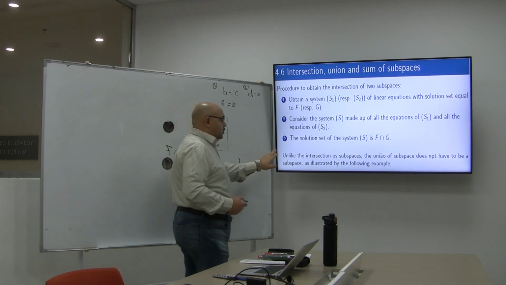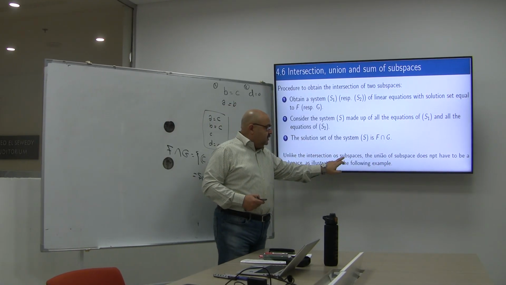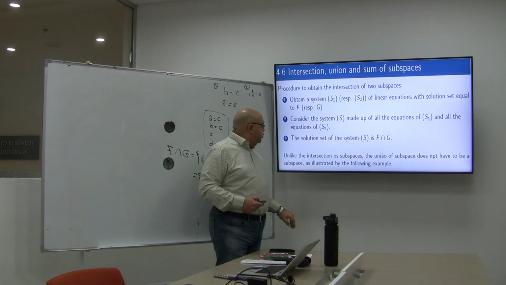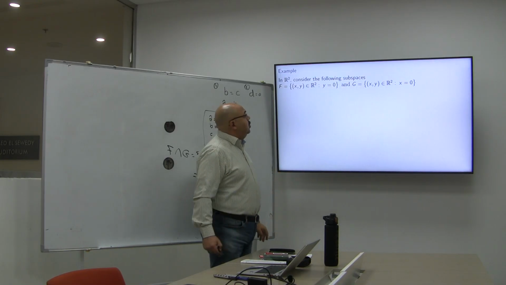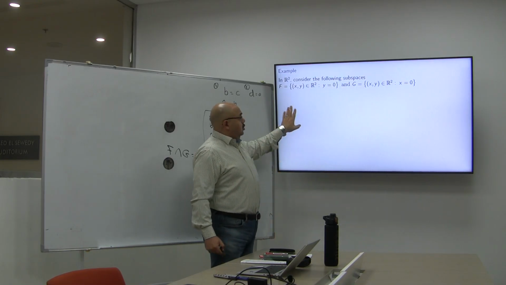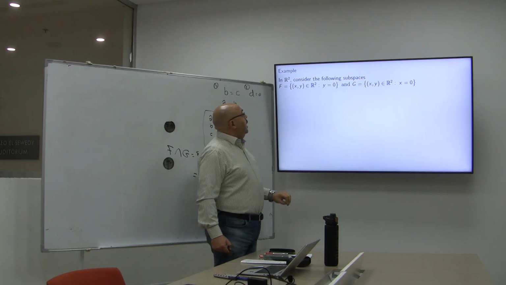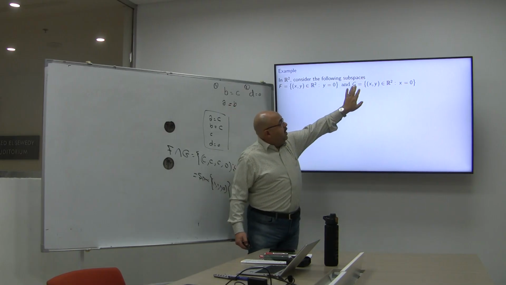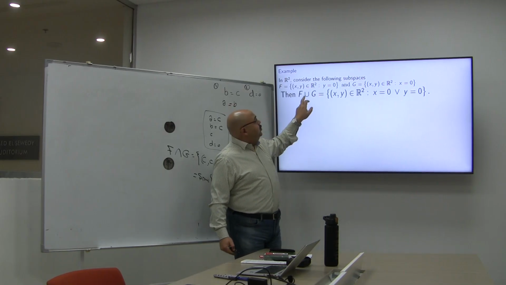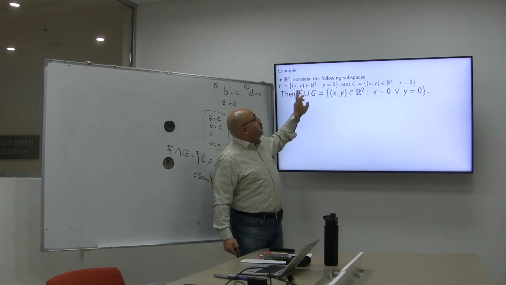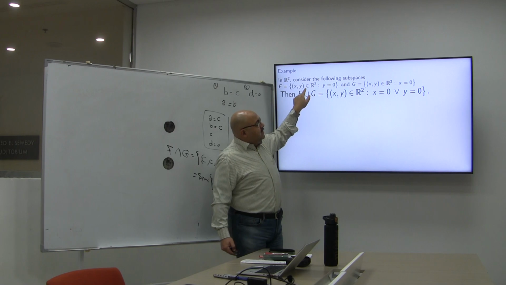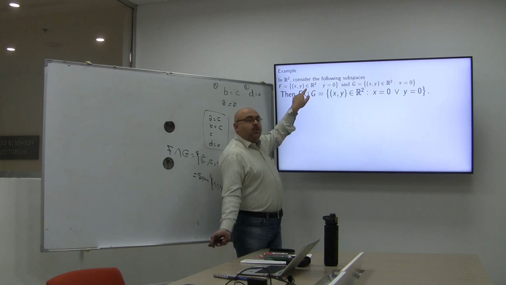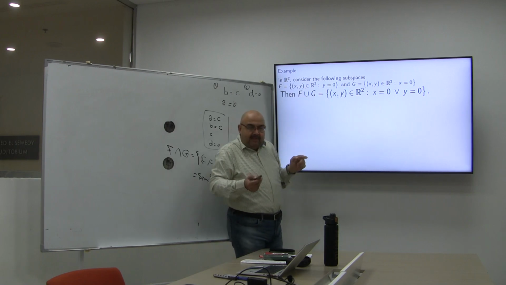Unlike the intersection of subspaces, the union of subspaces doesn't have to be a subspace, and we already went through all of this. This is also the same example, or another example, on the elements on the x-axis and the elements on the y-axis, and it will show you the union of these two sets. The union of these two is going to be only the elements on the x-axis or the elements on the y-axis, both of them separate.